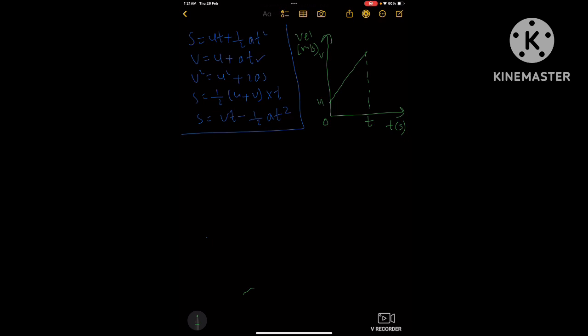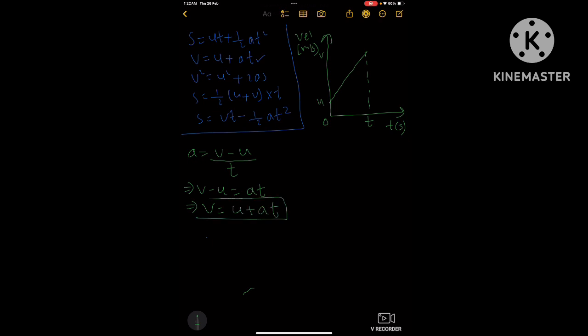So if I use the gradient formula, a equals the difference in the y values, v take away u, by the difference in the x coordinates, t take away 0, which is t. If I use algebraic techniques to make v the subject of the formula, I get v equals u plus at.